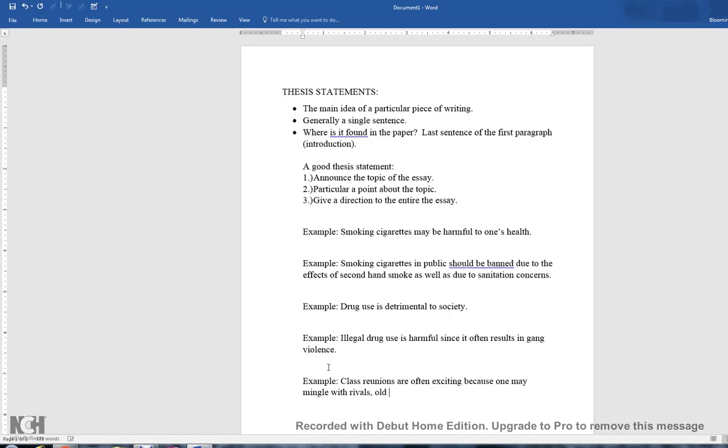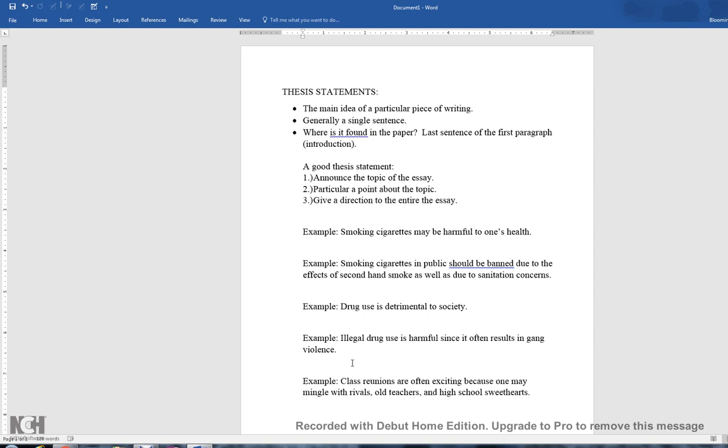Rivals, old teachers, and high school sweethearts. Make it kind of sweet there. That's just an example. Now, please don't use this one. Create your own, but I'm just wanting to show you how you're working the assignment.